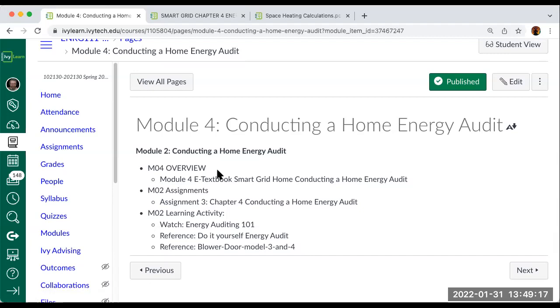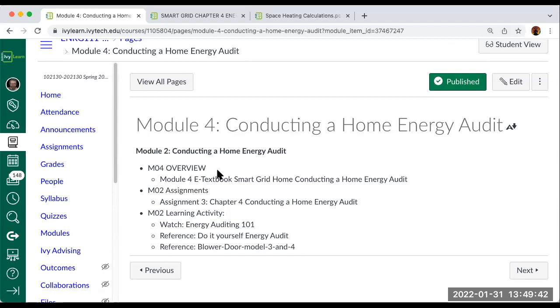They haven't upgraded this book in a while, and I haven't found one yet that I think is worth using 100%. So we're going to just sample some of the chapters out of it and use it for the home energy auditing section.